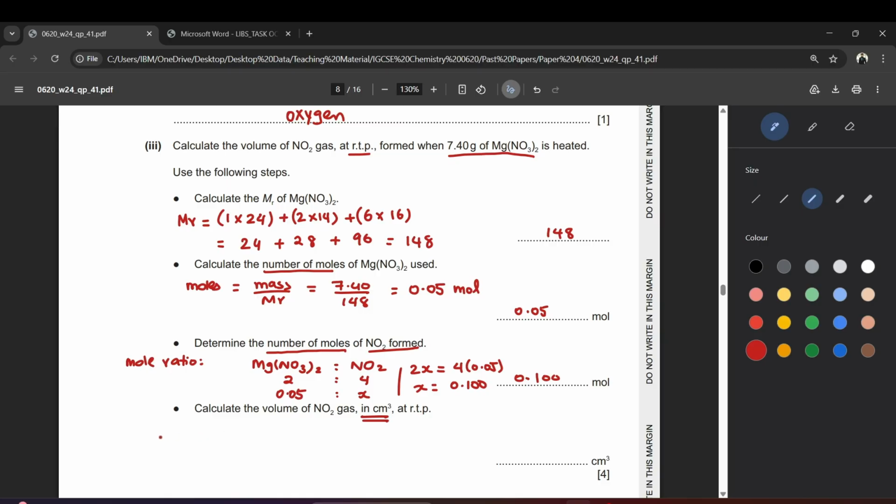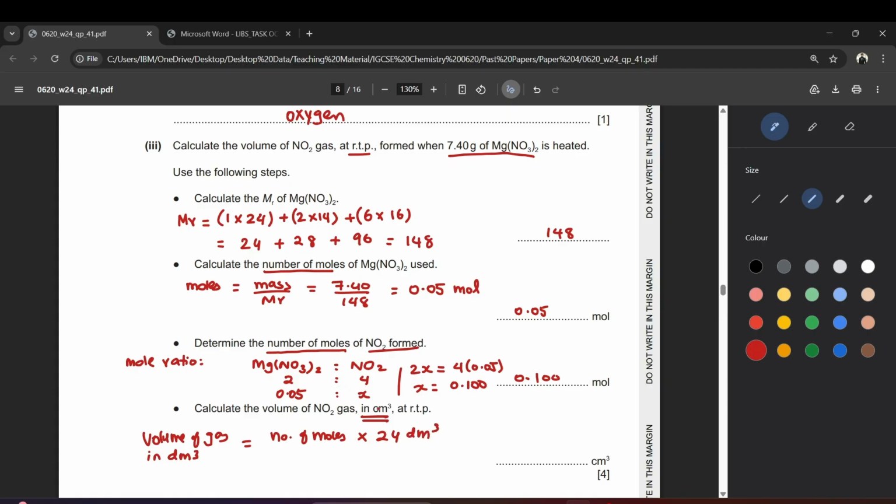Now when you want to find the volume, the volume of gas in cubic decimeters is the number of moles multiplied by 24 cubic decimeters.